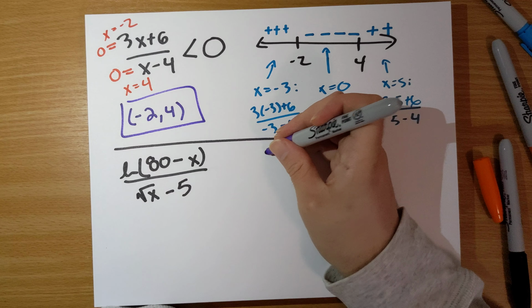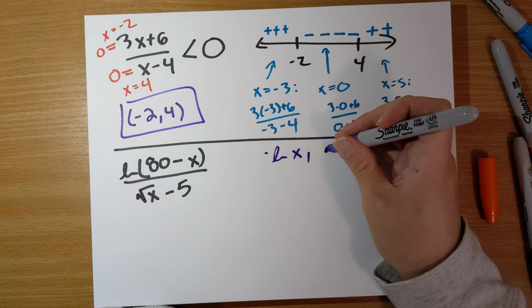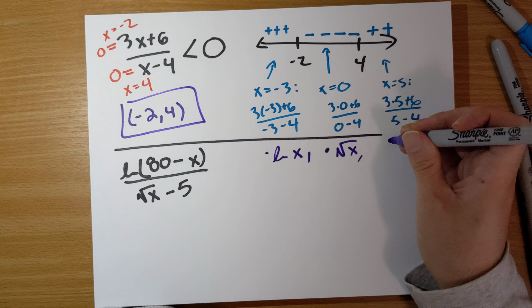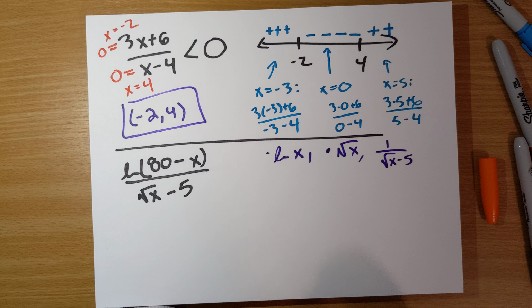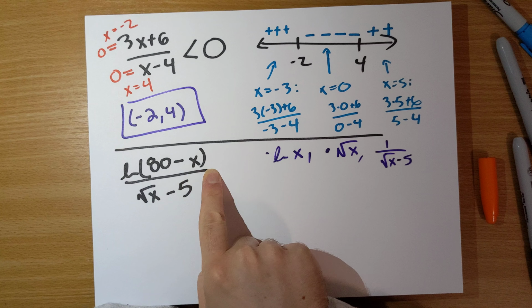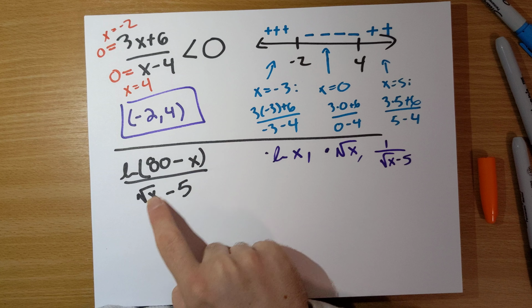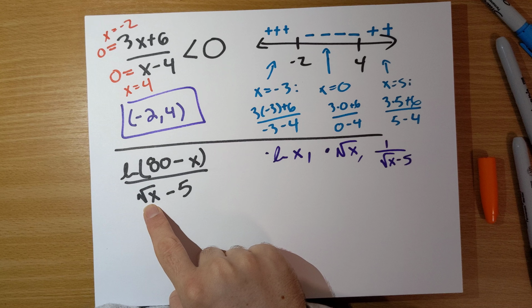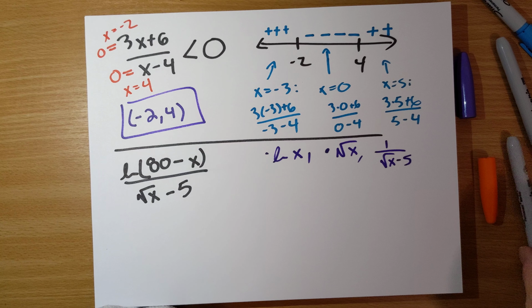There's the natural log, there's square root, and there's something over square root x minus 5. So what are the 3 ways that we could hit trouble here? We can only plug in certain numbers into the natural log. We can only plug in certain numbers into square root x. We have to make sure we're not dividing by 0. So let's take each one of those 3 in turn.